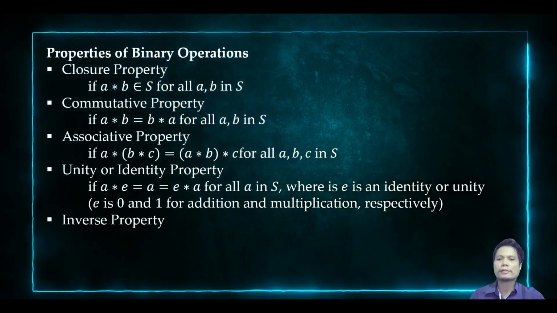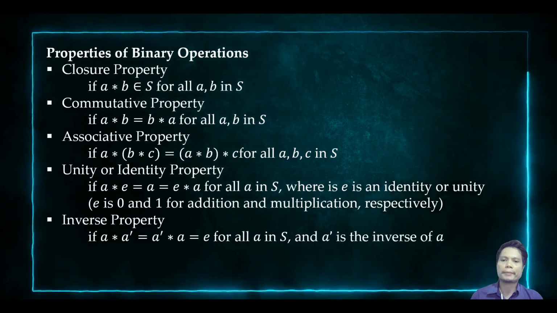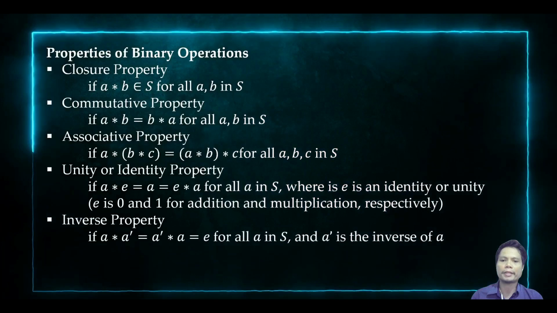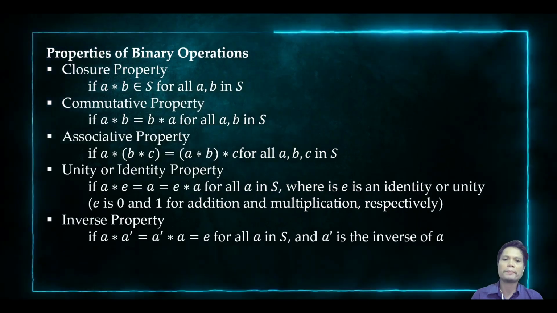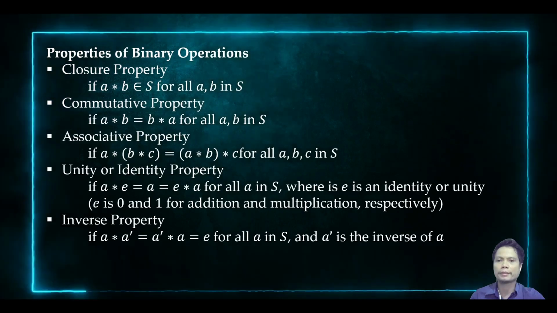Then we have the inverse property: if a binary operation a prime is equal to a prime binary operation a is equal to e for all a in S, and a prime is the inverse of a.